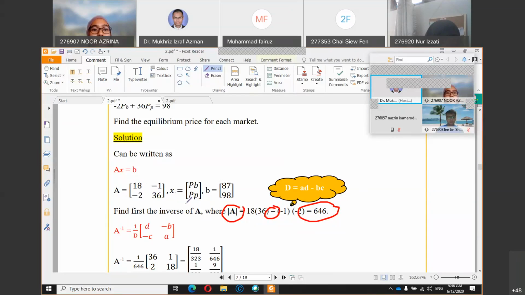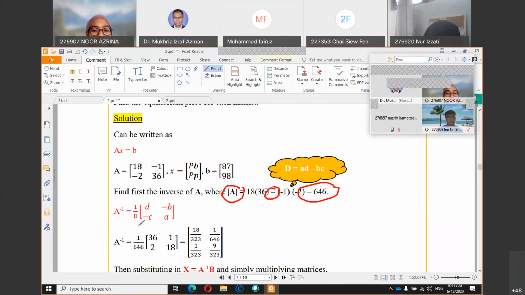But for a 3 by 3 matrix, it is much longer to solve. So you get 646. And then, why do you have 1 over 646 here?